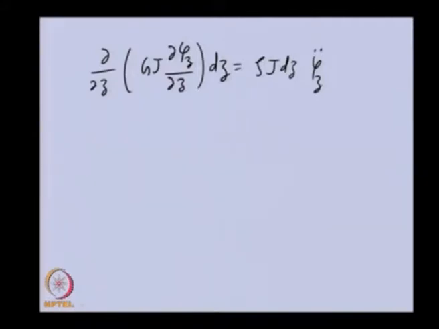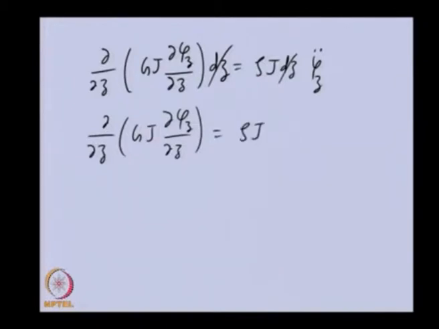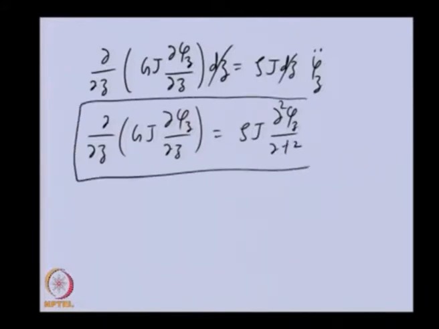You can see that this will get cancelled, and we are left with the equation of motion of the continuous shaft for the torsional vibration, which will be given like this. So this is the equation of motion of the continuous system.